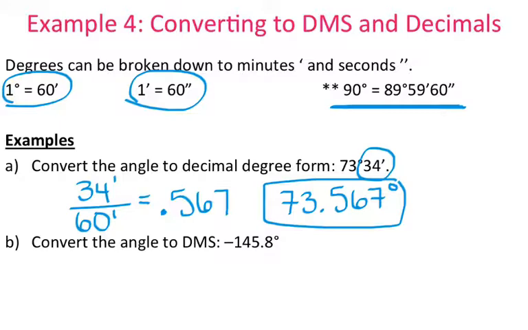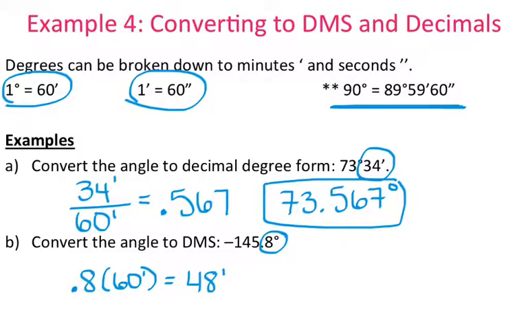And then when I'm trying to convert the angle that's in a decimal into degrees, minutes, and seconds, I can take that decimal, so 0.8, and multiply it by 60 minutes, and that'll tell me how many minutes I need. So 0.8 times 60 is 48 minutes.